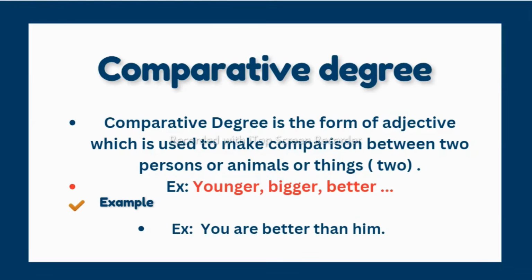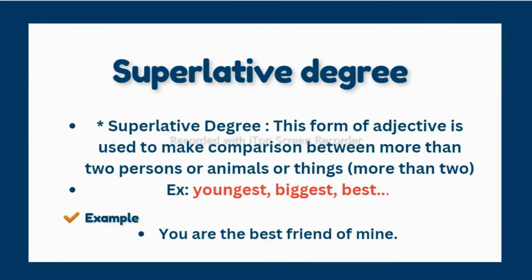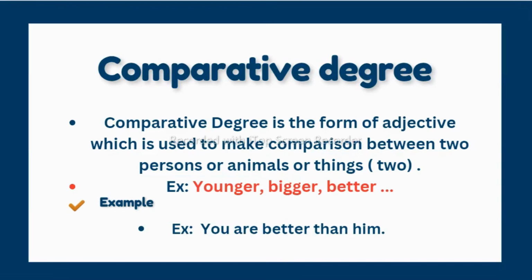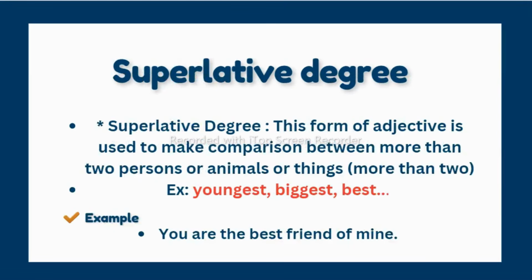Now, what is superlative degree? Superlative degree is also a form of adjective. We use it to compare between more than two persons. To say the quality of a single person, we use positive degree. When we are comparing the qualities of two persons, we can use comparative degree. When we are comparing the qualities of more than two persons, that time we need to use superlative degree.